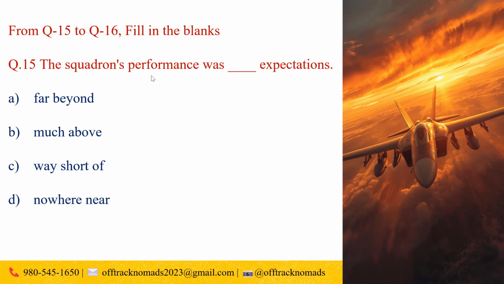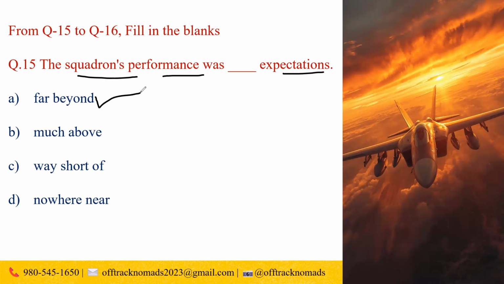You'll get it. The squadron's performance was dash expectation. First, understand the context of what is being talked about. They are talking about the squadron's performance. So definitely it is beyond expectation, right? Way short of, nowhere near, no. So it is far beyond.